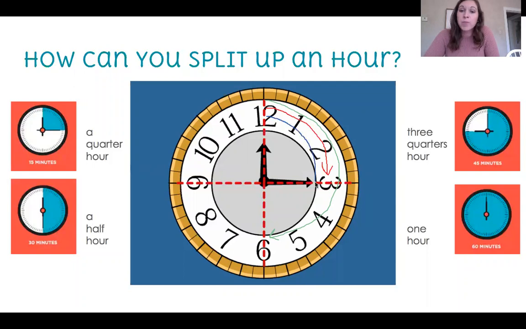So 1/4, 2/4, 3/4. We say 3/4 hour, which is the same thing as 45 minutes. Or of course, you could choose one activity that you want to do 1/4, 2/4, 3/4, all 4 quarters, which I'm sure you know is 1 hour or 60 minutes.